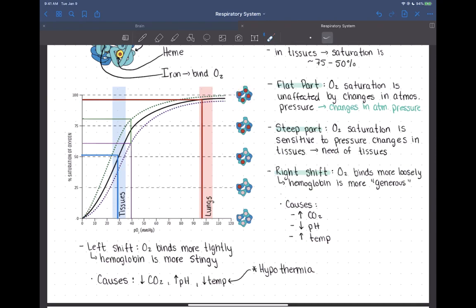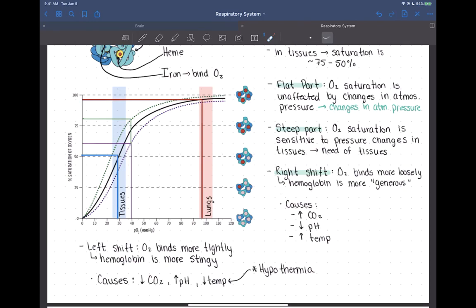So it allows us to travel and change that atmospheric pressure without it having a huge impact on the oxygenation of our blood.